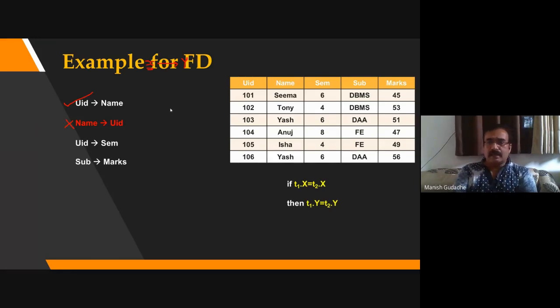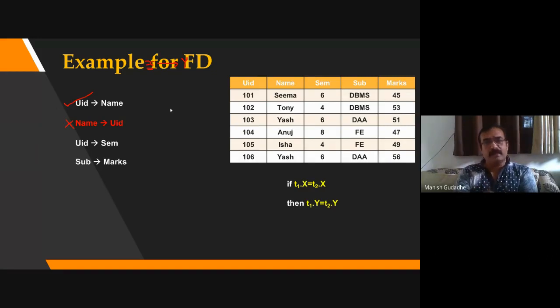Can I say that subject can determine marks? Yes, subject is able to determine marks. If I am just using UID to determine marks, it can determine, but it won't be complete information, or it may not be the correct information.